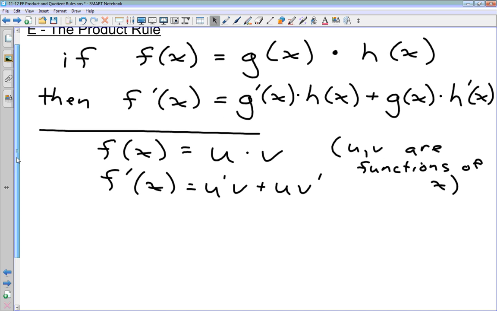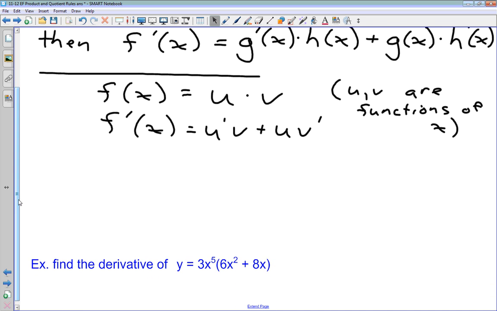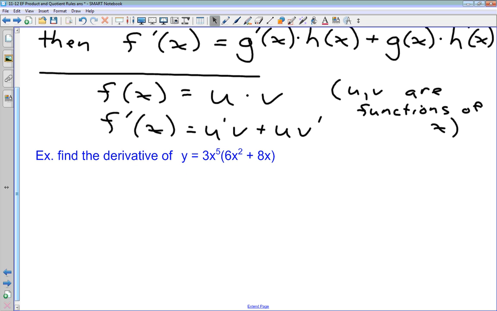So let's apply this to an actual function. Let's say we want to find the derivative of the function y equals 3x to the power of 5 times 6x squared plus 8x.